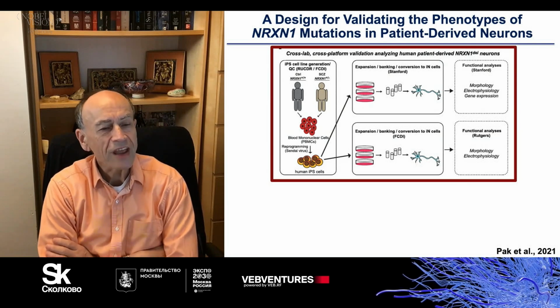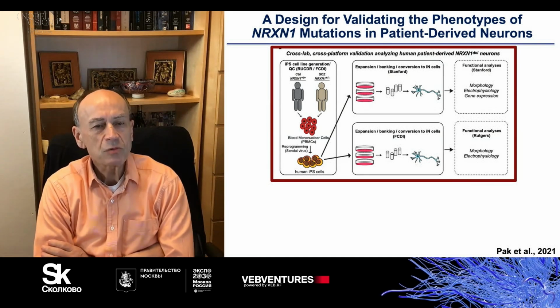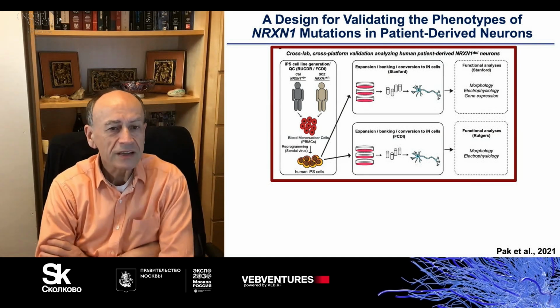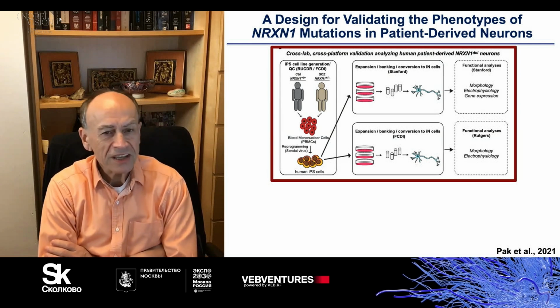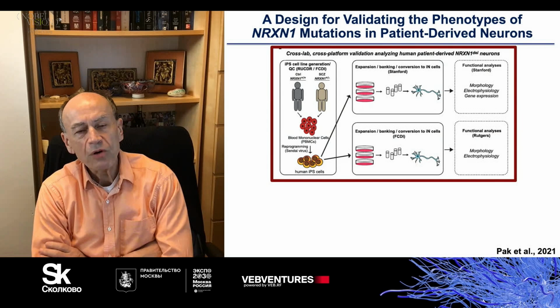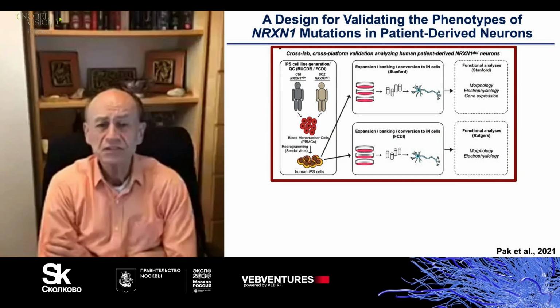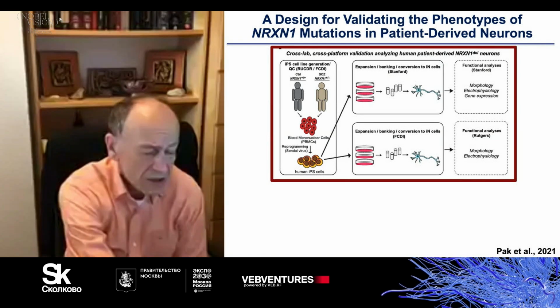These were frozen and the IPS cells were then distributed to different centers, namely to one at Stanford and another one at the FCDI. They were then transformed into neurons and they were analyzed functionally by different labs in different institutions at Stanford and at Rutgers.